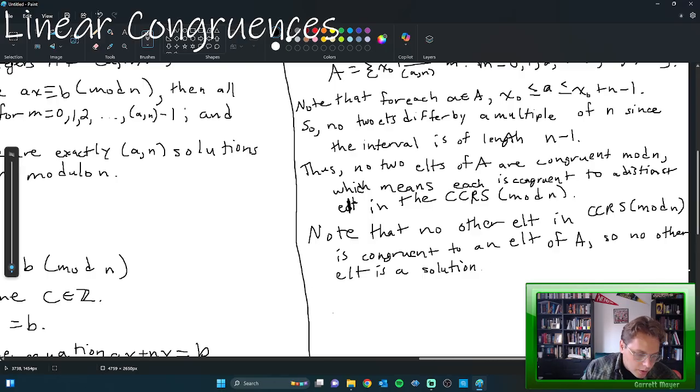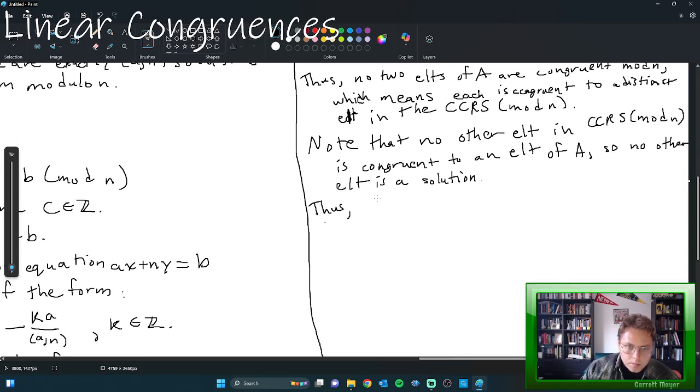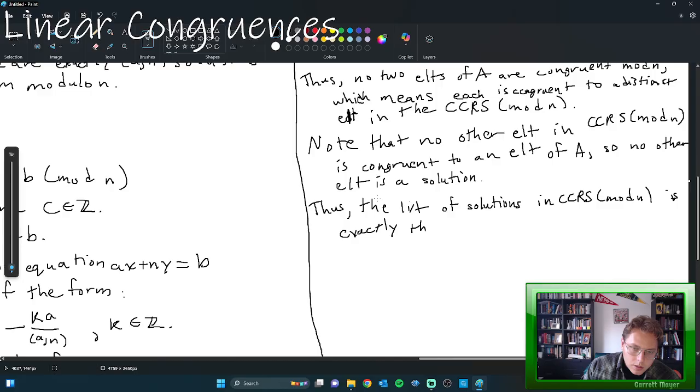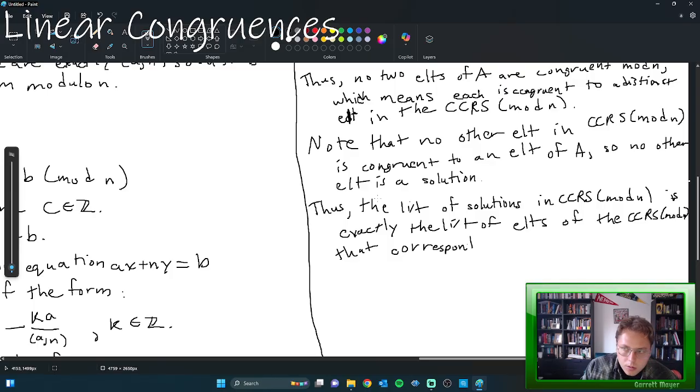Thus the list of solutions in CCRS mod n is exactly the list of elements of the CCRS mod n that correspond to distinct solutions in A.